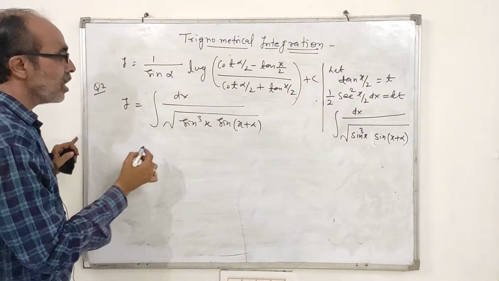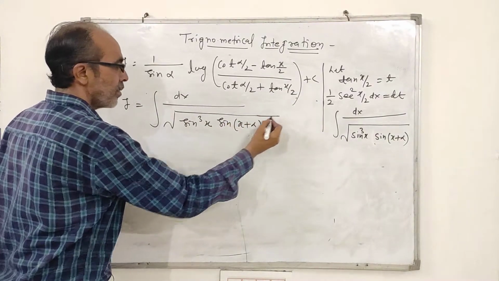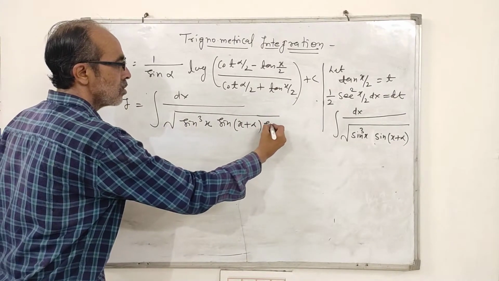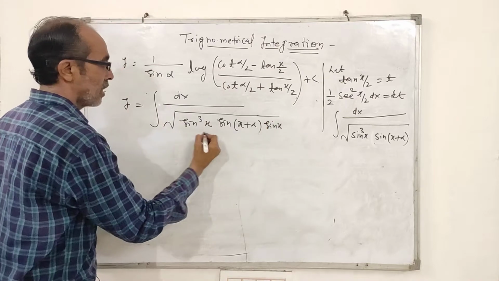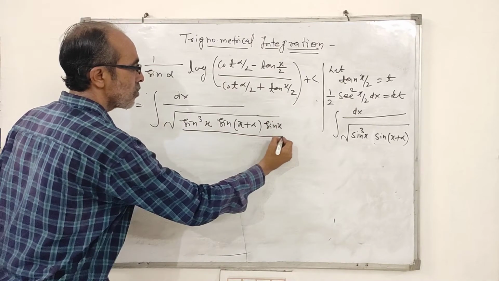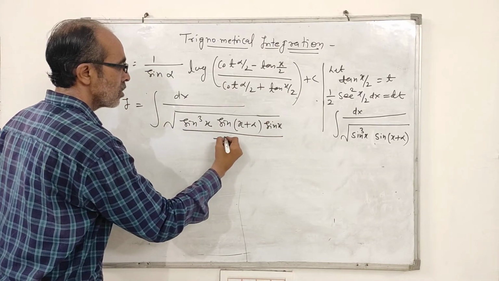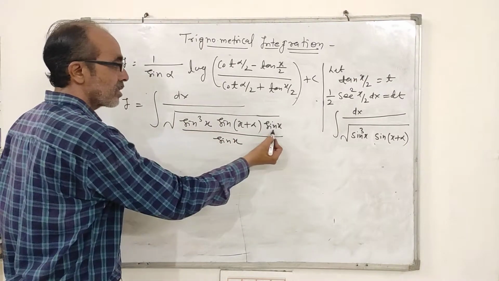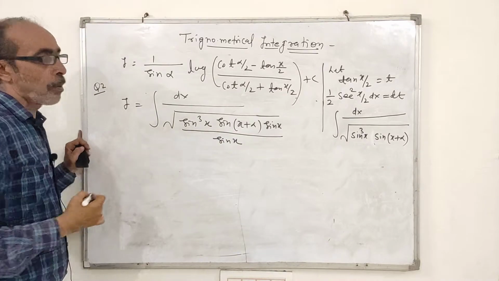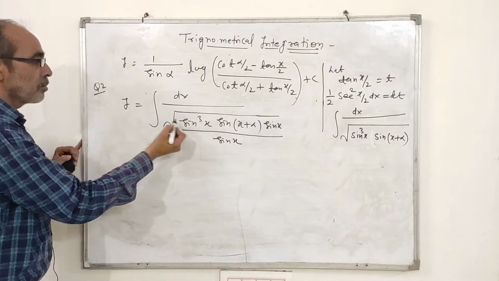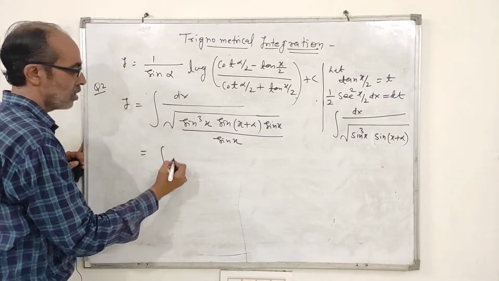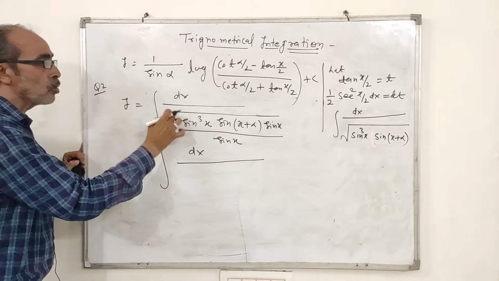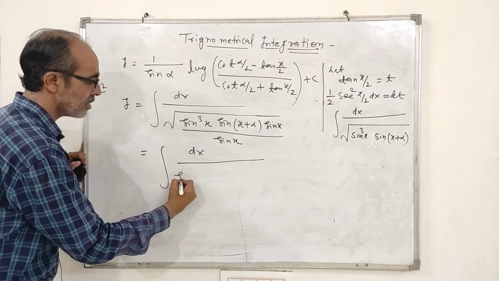Yes, in this integral we multiply and divide this term by sin x. So write here sin x and divide by sin x. This sin cube x and sin x is sin to the power 4 x. So we take this, dx divided by root of sin 4 is sin square x.